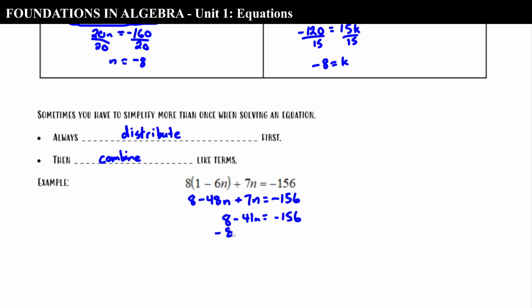So we have 8, subtract 8 from each side. And that gives us negative 41n equals negative 164. Then divide each side by negative 41. Use your calculator to help you out here, and you get n equals 4. So that's your first example for problems like this.